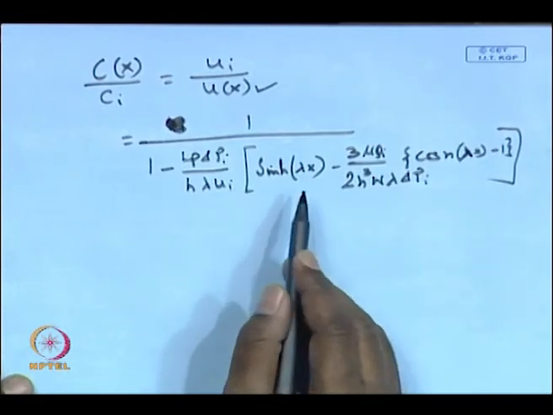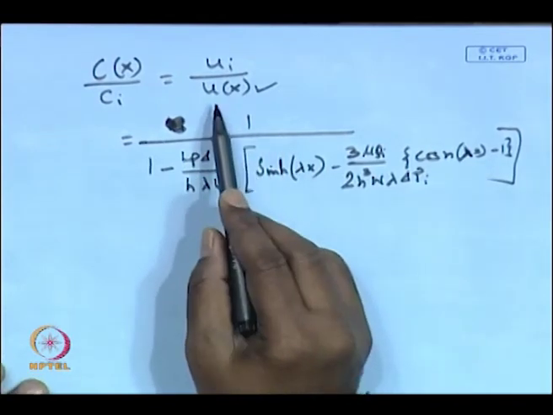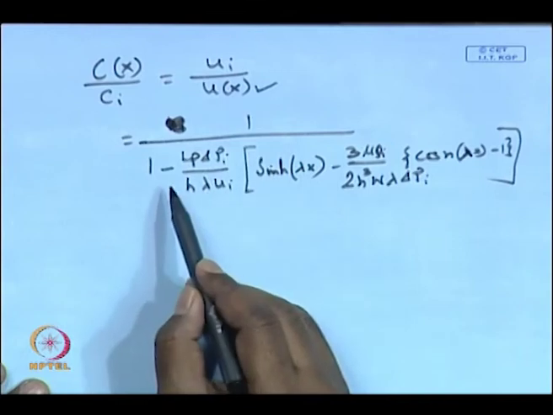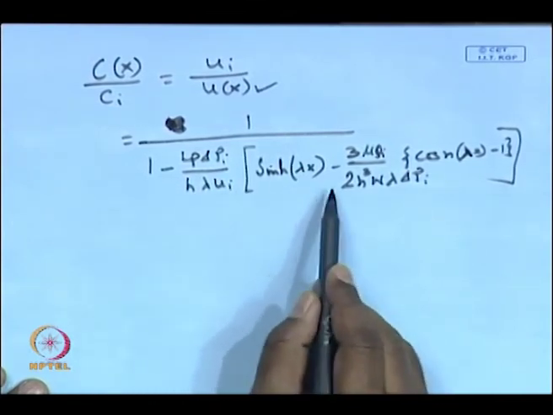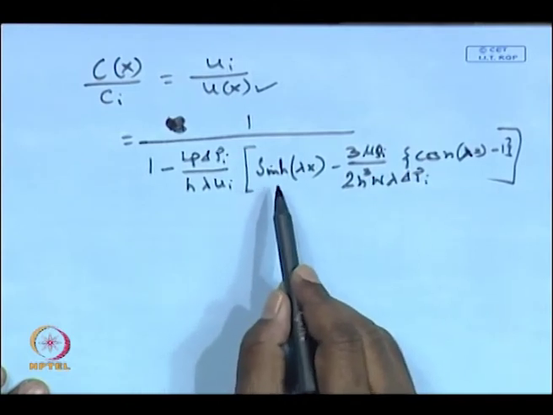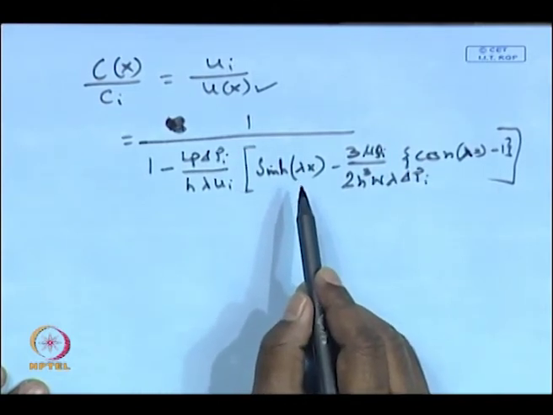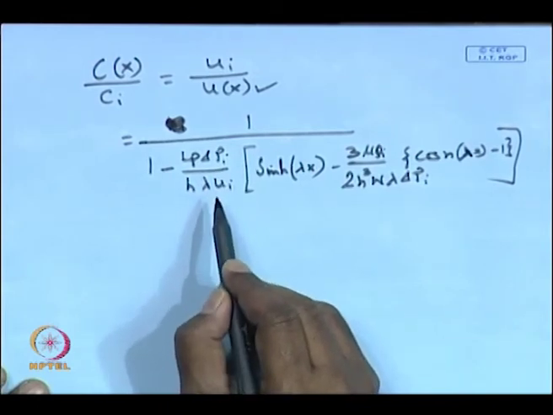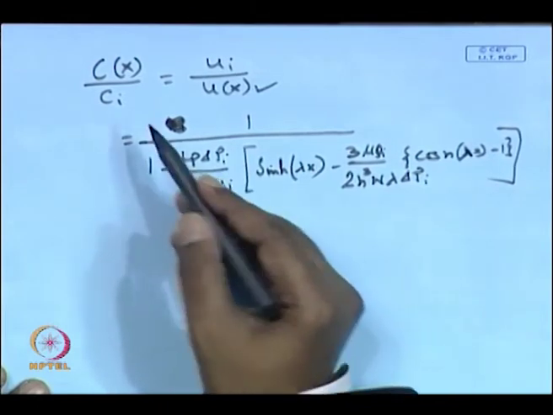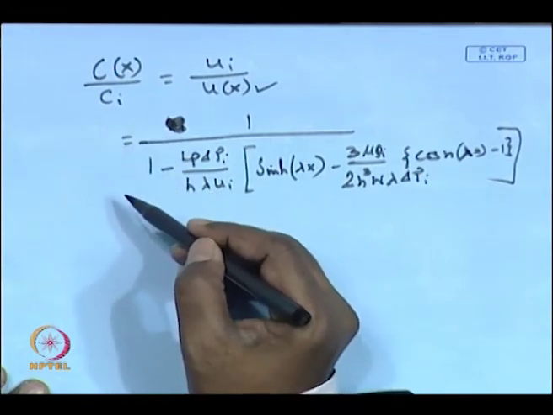This simply means that since u is varying as a function of x and it is a decreasing function of x, as you go down the channel or the module, the velocity will be decreasing because you are extracting the material out of it. As the velocity decreases, the whole C x by C in will be increasing.